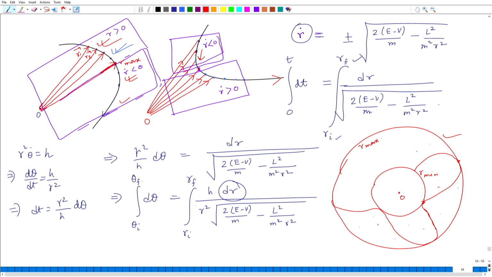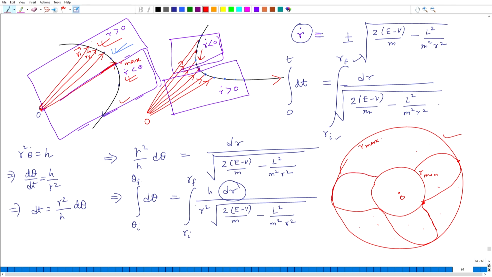So, the particle makes its cross radial movement and again moves to complete its trajectory.